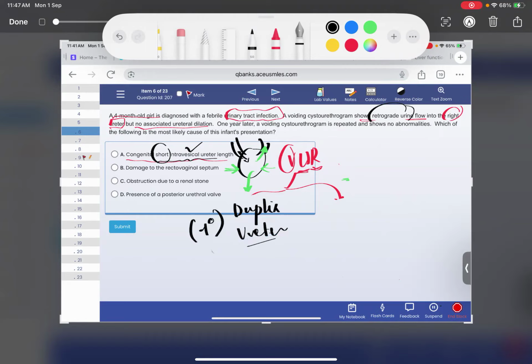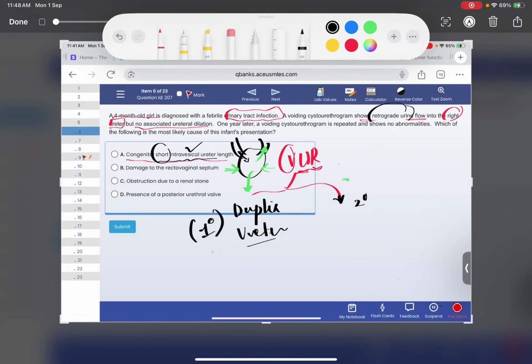We call this primary because it is above the bladder, and if the bladder pressure is raised, we call this secondary vesicoureteral reflux, due to abnormally high pressure in the bladder, and it will result in retrograde flow.